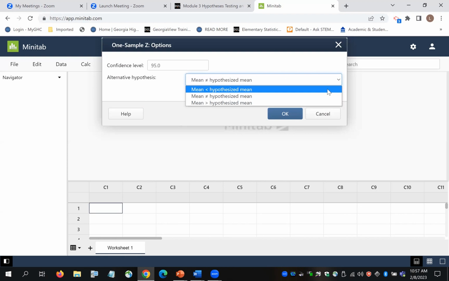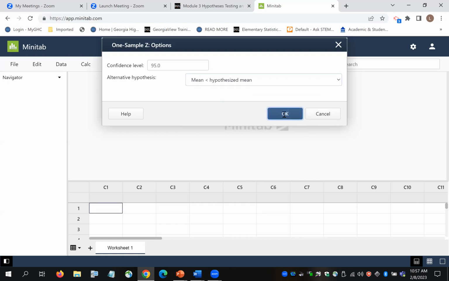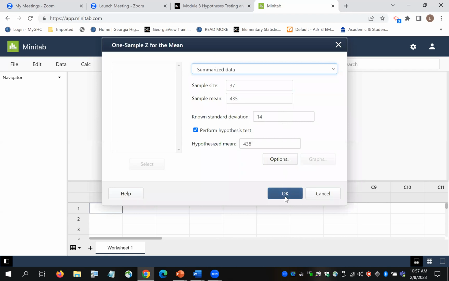The question said, determine if it is underfilling the bags, which is less than 438 grams. So I'm going to choose less than. Then I click OK, and I click OK.